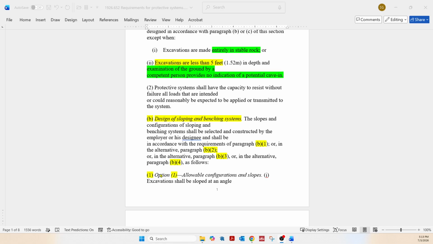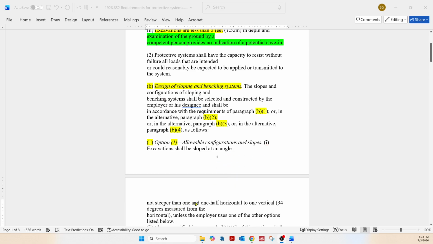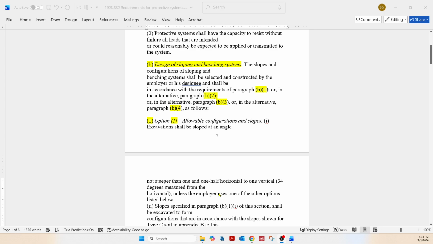Let me go back and see down to paragraph B in section 5. After identifying topic B, it just has 4 options, and here they are. Here's option 1. Allowable configurations and slopes. Excavations shall be sloped at an angle not steeper than 1 1/2 to 1, or 34 degrees.